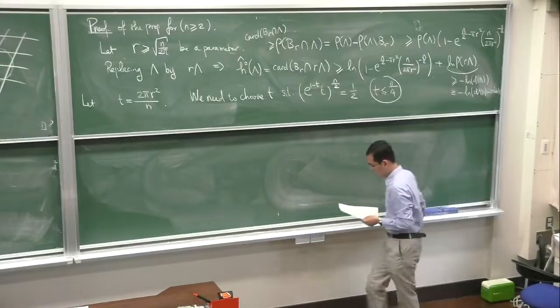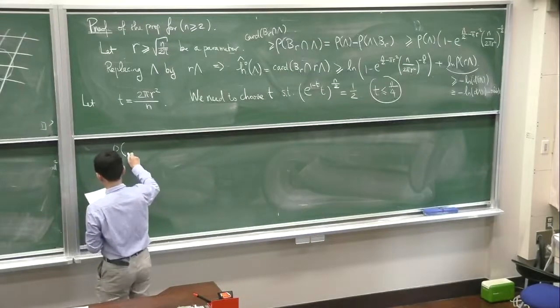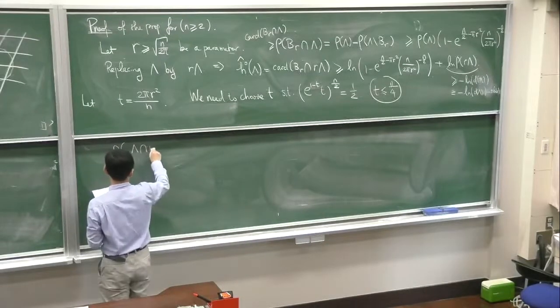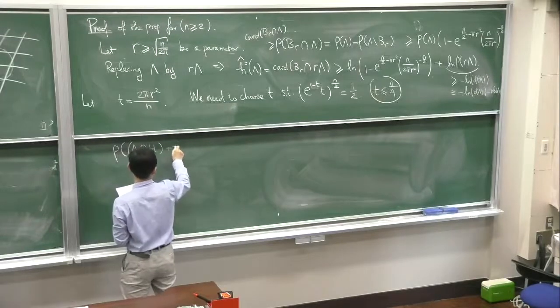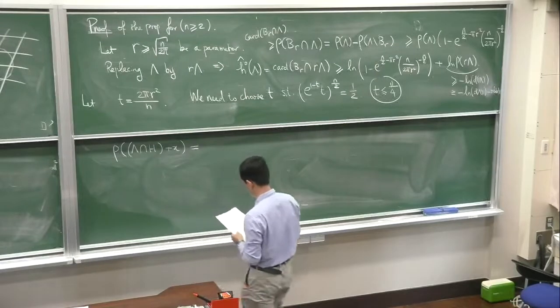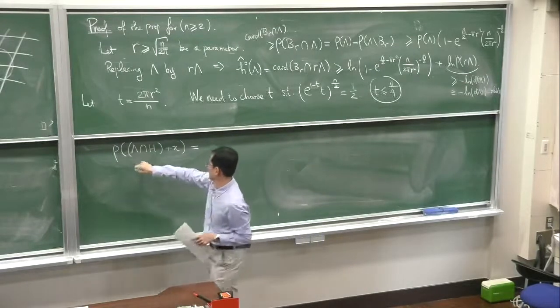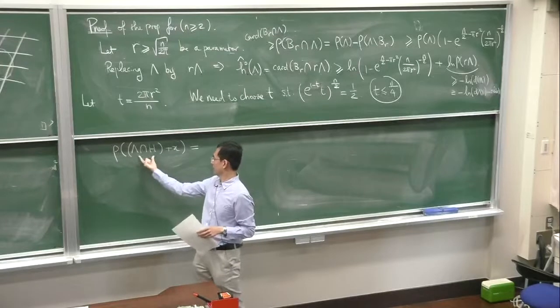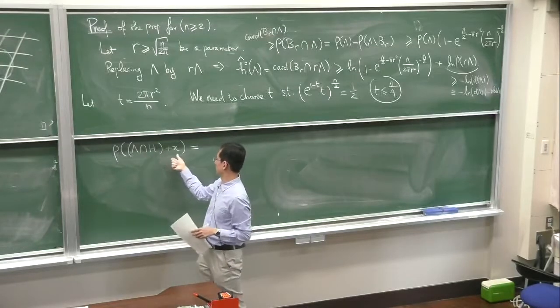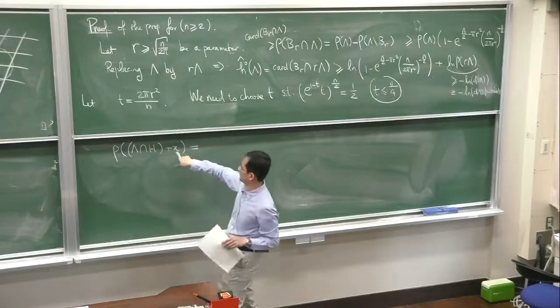So now the idea is to compute rho of lambda intersection H plus x in 2 ways. So first of all, you pick some vector inside, and you add this vector to x, and you compute the exponential minus pi the norm squared.